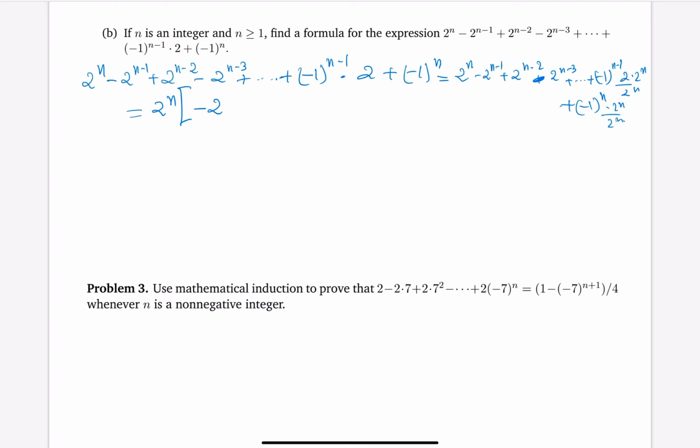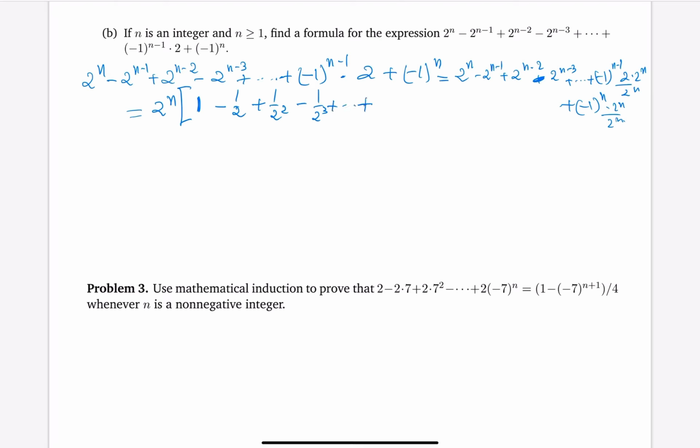If I factorize here by 2 to the n, I will have 1 left, the first one. The next one, if I factorize by 2 to the n, I will have a negative 1 over 2 left. And the next one, I will have a positive 1 over 2 squared left. I will have a negative 1 over 2 to the third left, plus so on.